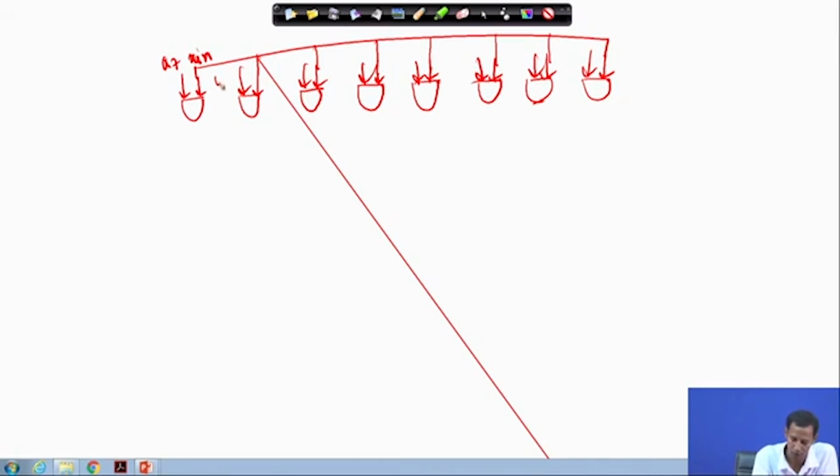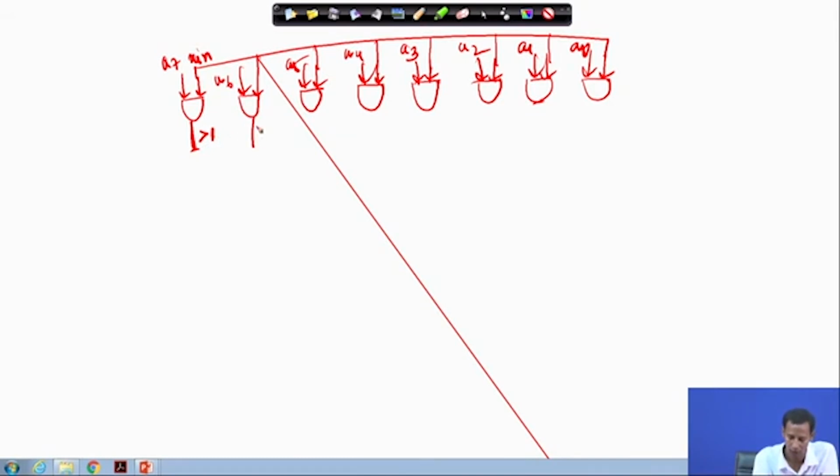Then this bit is only different. This is A6, this is A5, this is A4, this is A3, this is A2, this is A1, and this is A0. Okay. So now this is basically divided by 2, so that means this will be left shift by 1 bit.